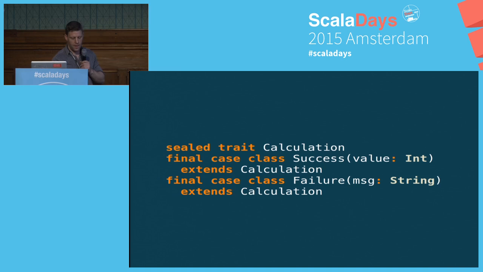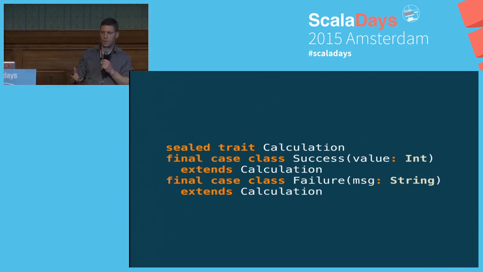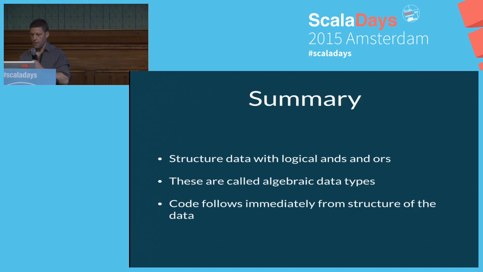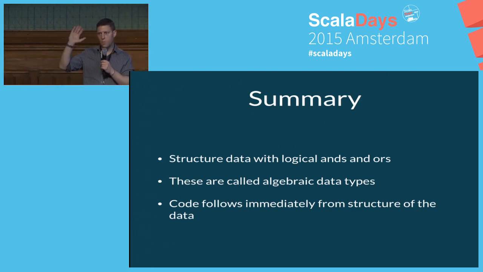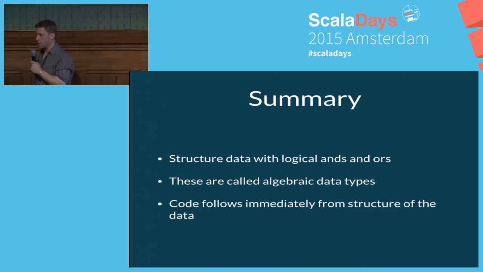So here we have defined these fancy things, algebraic data types, and they just come down from a few simple patterns. The key point here is the structure. If we can model data with logical ORs and logical ANDs, which you can do in a lot of cases, we've seen some examples reasonably close to real things, and we'll see some more later.